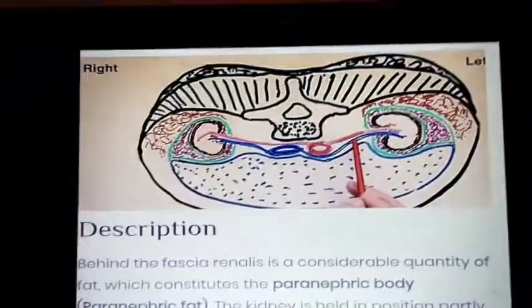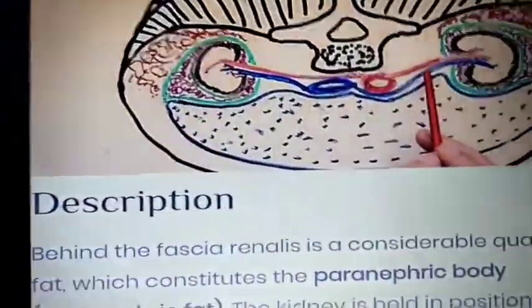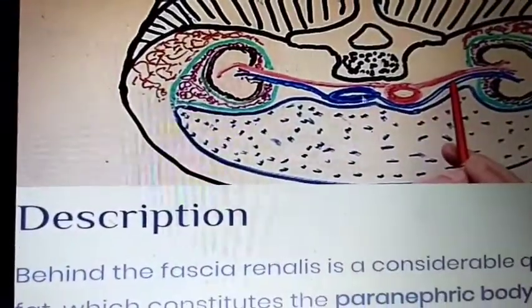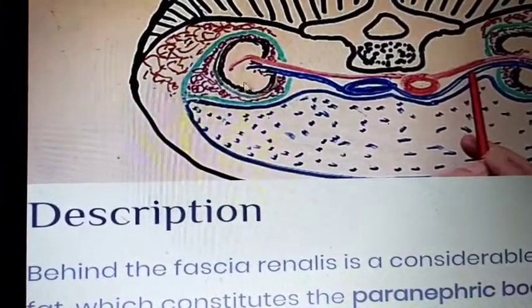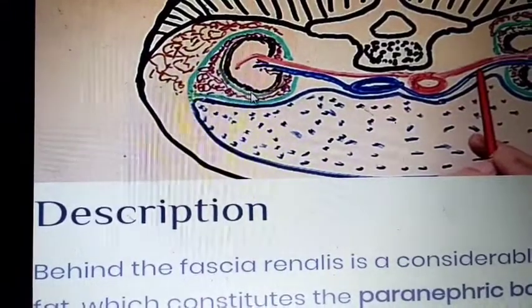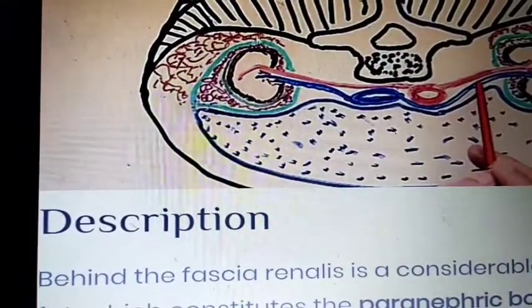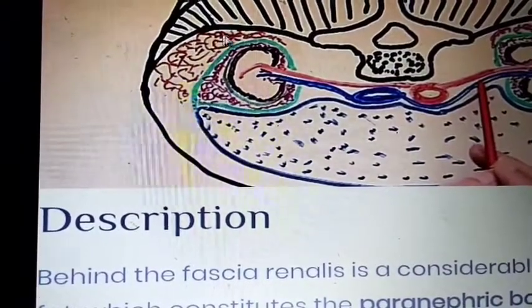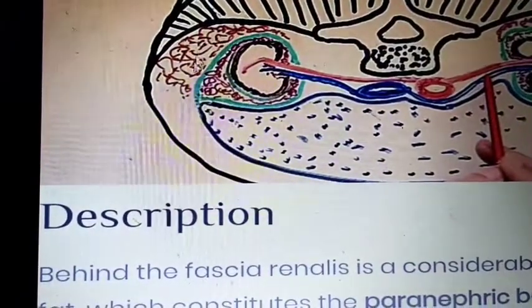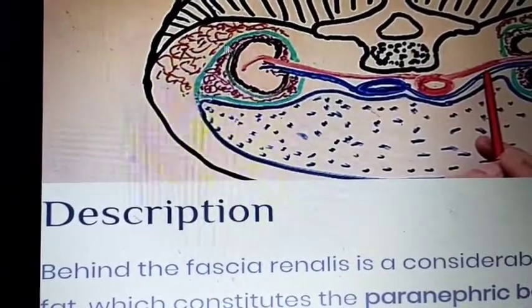You can see here in this picture clearly. This is a kidney, and this is the true capsule. Above that is the perinephric fat, this is the fascia of Gerota, this is the retroperitoneal space, and this is the paranephric fat or retroperitoneal fat.